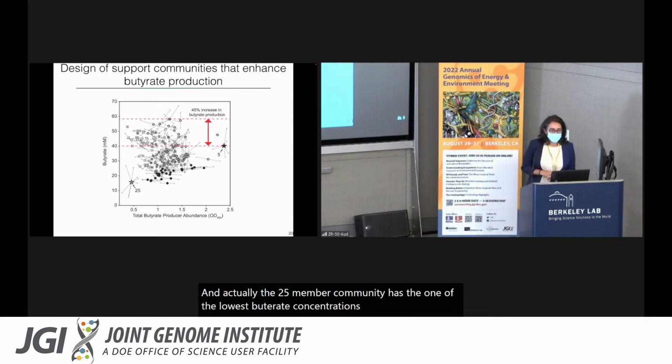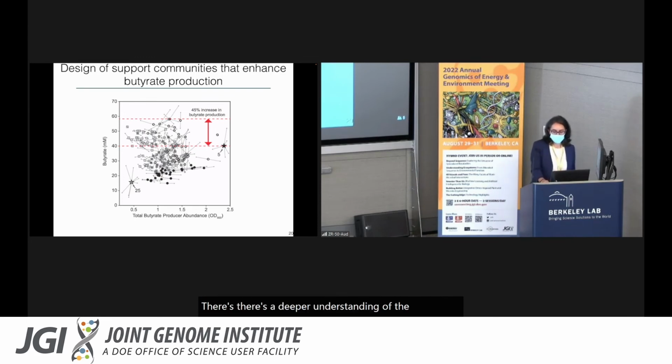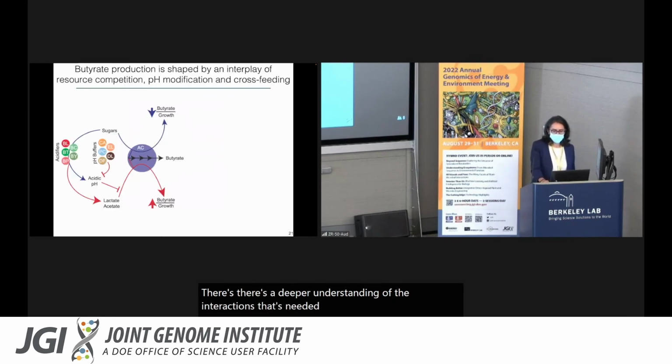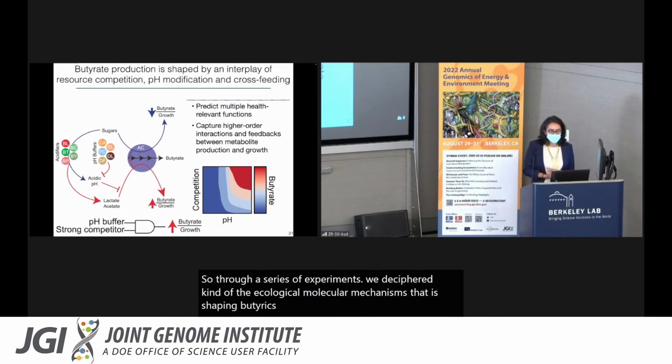So we definitely don't want to simply mix together these bacteria and expect them to produce high levels of butyrate. There's a deeper understanding of the interactions that's needed. So through a series of experiments, we deciphered the ecological and molecular mechanisms that shape butyrate production in our system.